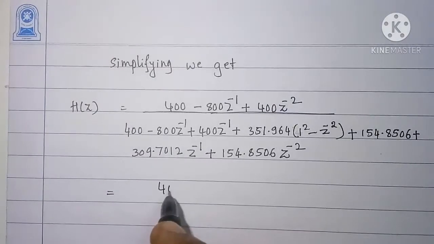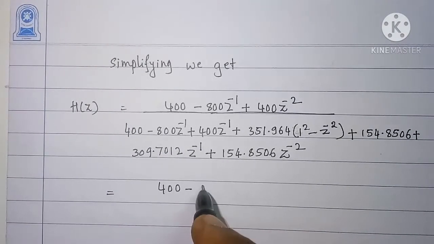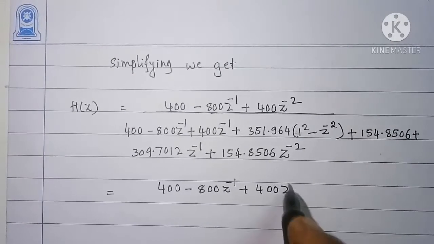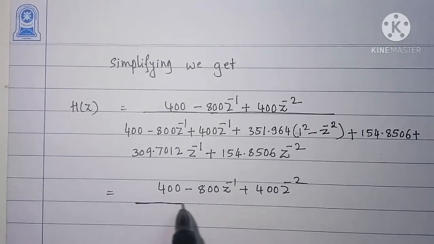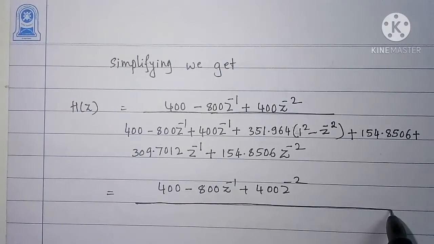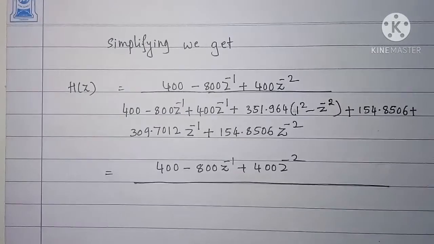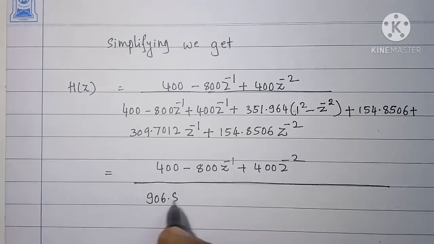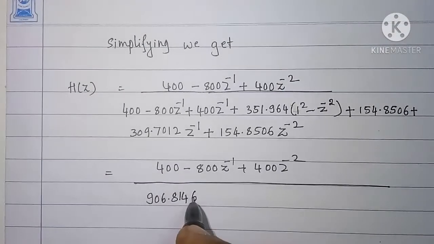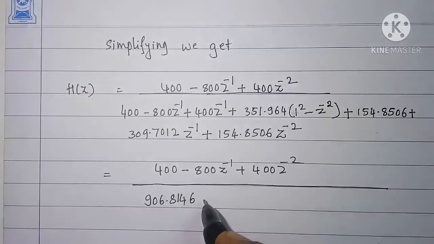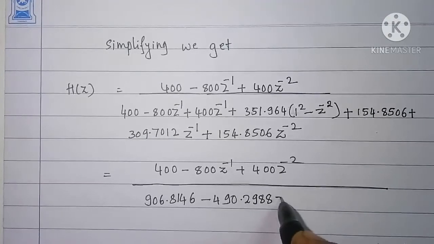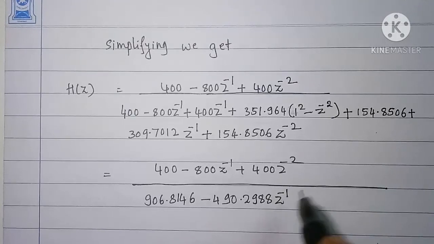Further simplifying, we get 400 minus 800 z raised to minus 1 plus 400 z raised to minus 2 divided by, adding the like terms, 906.8146 minus 490.2988 z raised to minus 1.